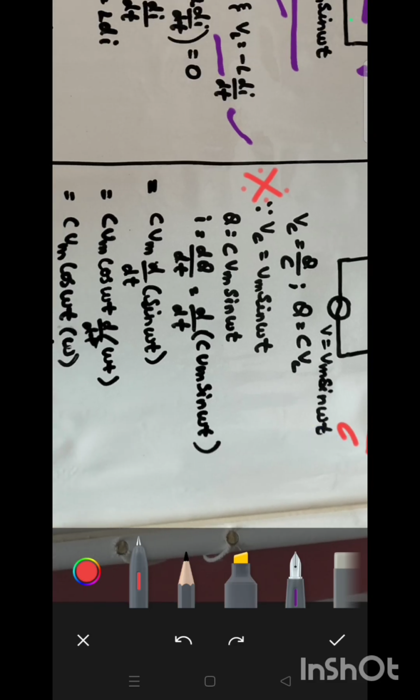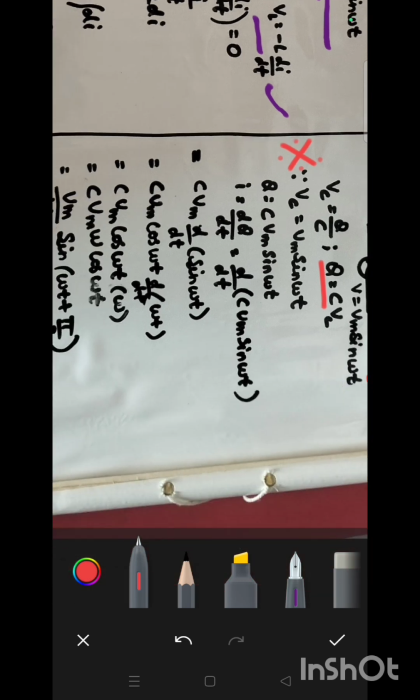And we know Q is equal to CV from here. So Q is equal to C Vc, which will be Vm sin omega t. And we also know the current, which will be equal to change of charge by time. So I is equal to dq by dt is equal to d by dt of Q. What is Q? Q is equal to C Vm sin omega t. So now we differentiate.